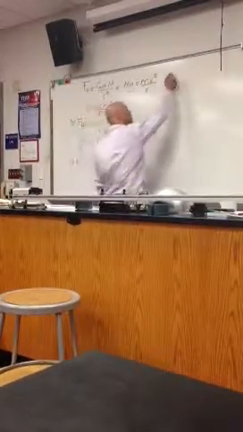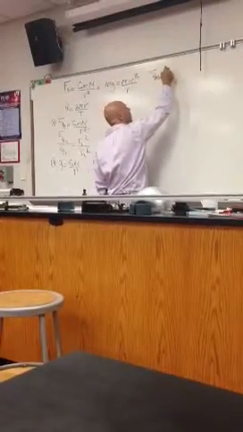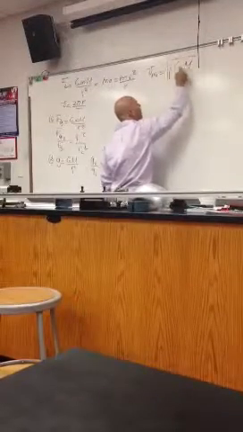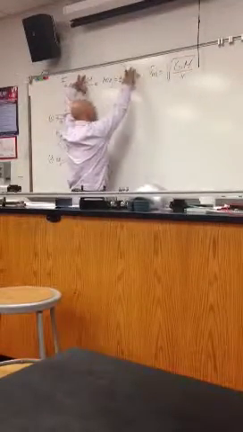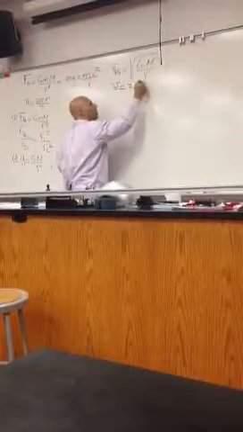Then we studied orbital velocity. Orbital velocity is the square root of GM over R, and that comes from equating these two equations. Or v, as I said, is 2 pi R over T, either way.